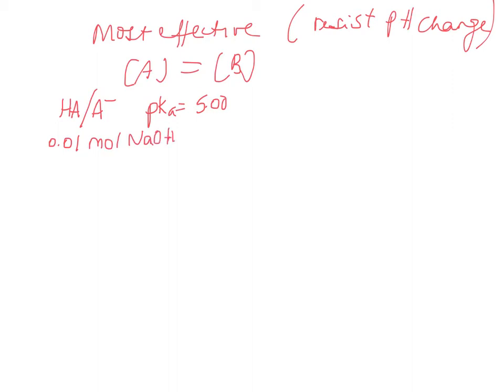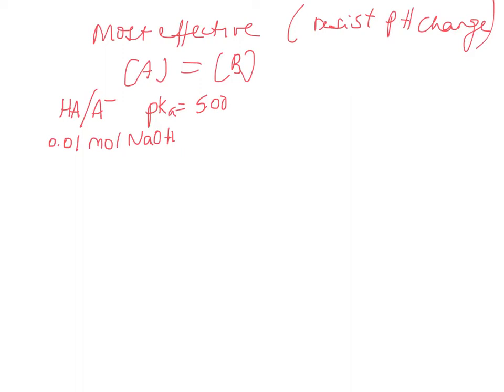But what I want to change is that in one case you have 0.20 moles of the acid and the conjugate base. However, in the other case, I want to change the amount of the conjugate base.